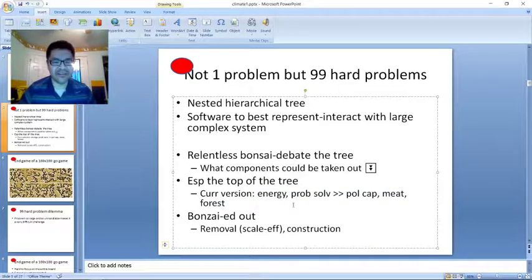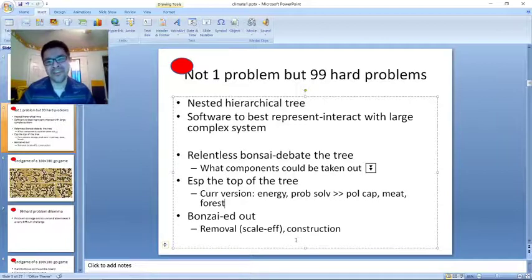Currently, a version is energy, problem solve, political capital, meat, and forest. What is bonsaied out is removal, carbon removal, because the current technology is not up to par with dealing with it.